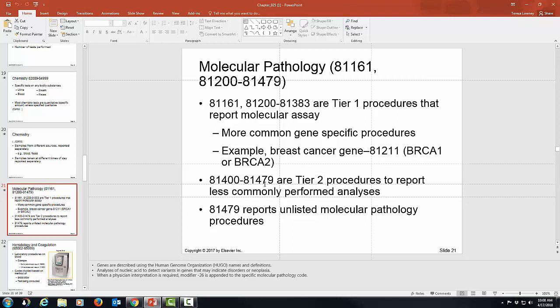And then the codes 81400 and 81479 are tier 2 procedures, for less commonly performed analysis. And 81479 is unlisted, and it's out of sequence in the book when you go looking for it. When a physician interpretation is required, remember modifier 26. Attach that to the particular test you're talking about.